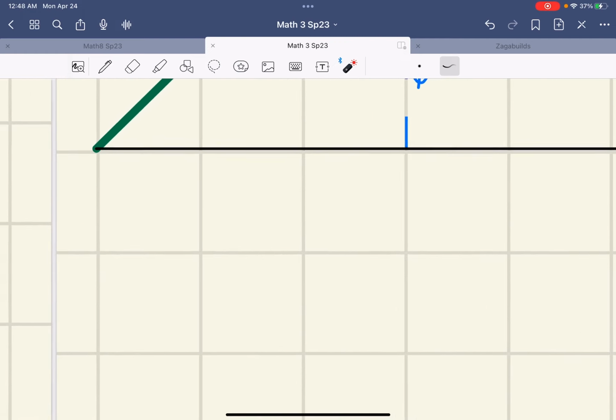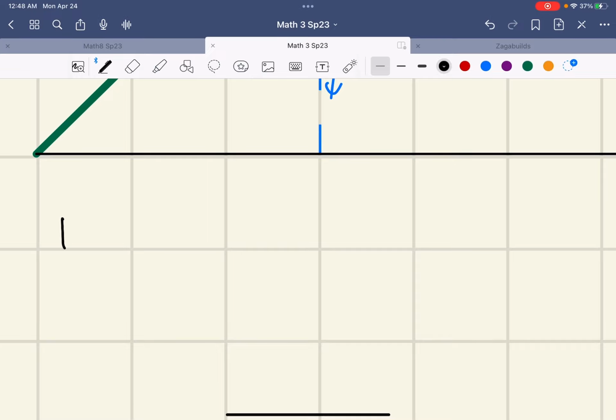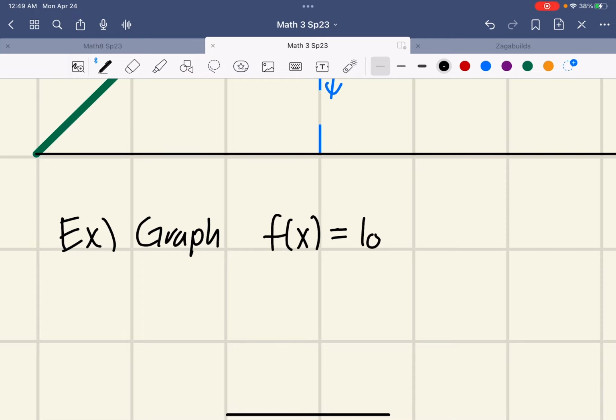So now let's see, even though we know roughly what a graph should look like, let's really focus on using a table to really get the exact points for a logarithm.